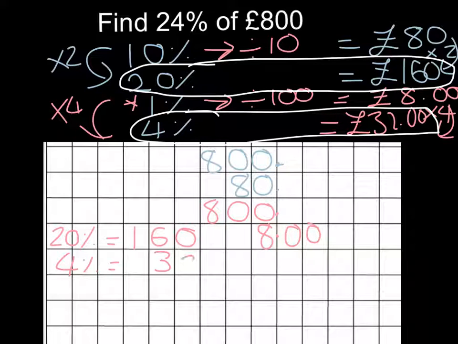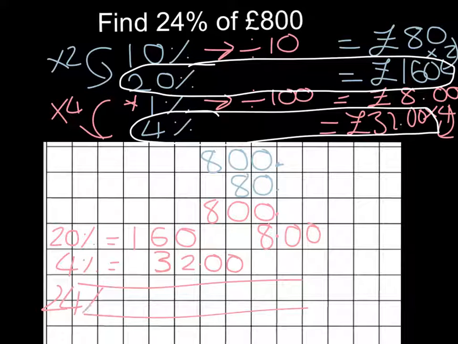So if you are using this layout, you need to make sure your units match up, so the 60 and the 30 are in the same column, and then adding those together, you've got 24%. You've got no other pence or anything to add together, so £2 is left. 60 and 30 make 90, so that's £92 we've got now, plus the other one, giving you a grand total of £192.